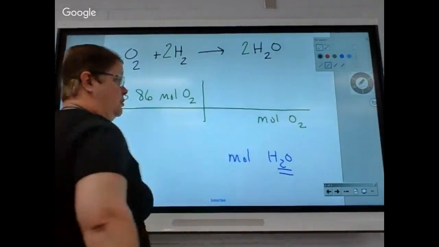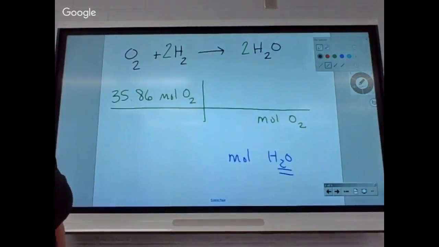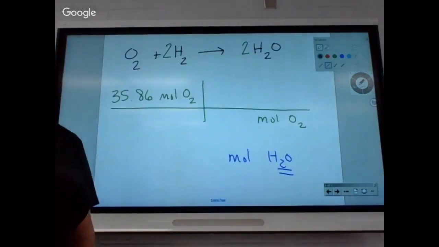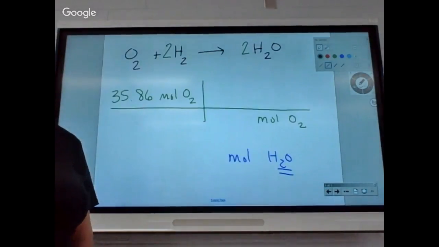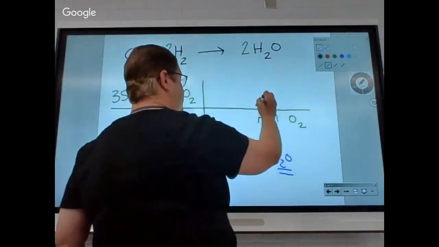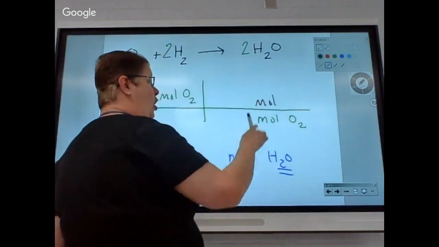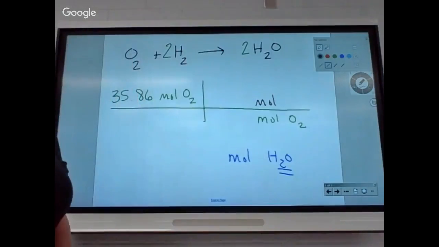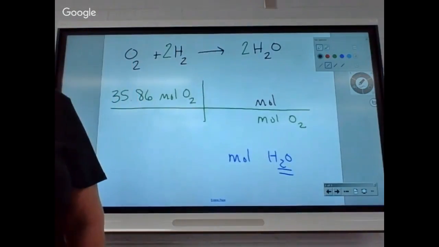So, moles of oxygen goes on the bottom, so it cancels, right? So, again, are we going to change compounds? If you answer yes, what unit has to go on the top? Moles. Now, this is called a what that we learned on Friday? It's the only thing we talked about Friday before we went to the homecoming assembly. It's called a what?